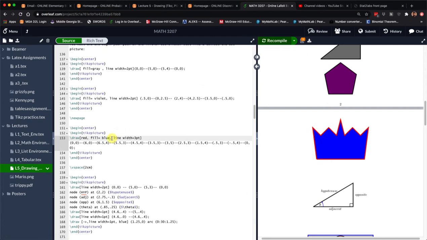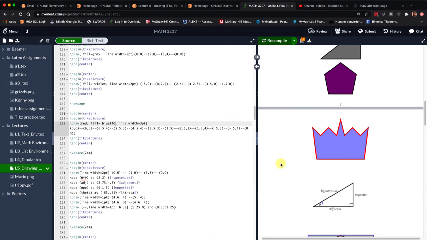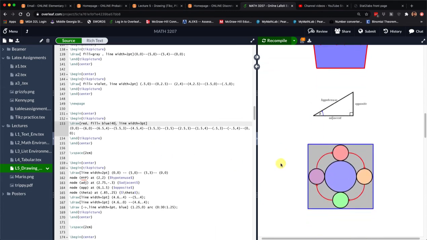So doing the exclamation and then a number between 0 and 100 will lighten the color, so you have some control over how dark your blue or green or whatever color you might use is. It's kind of like an opaqueness setting. The closer to 0 you get, the more opaque it is, and the closer to 100 you get, the darker it is.